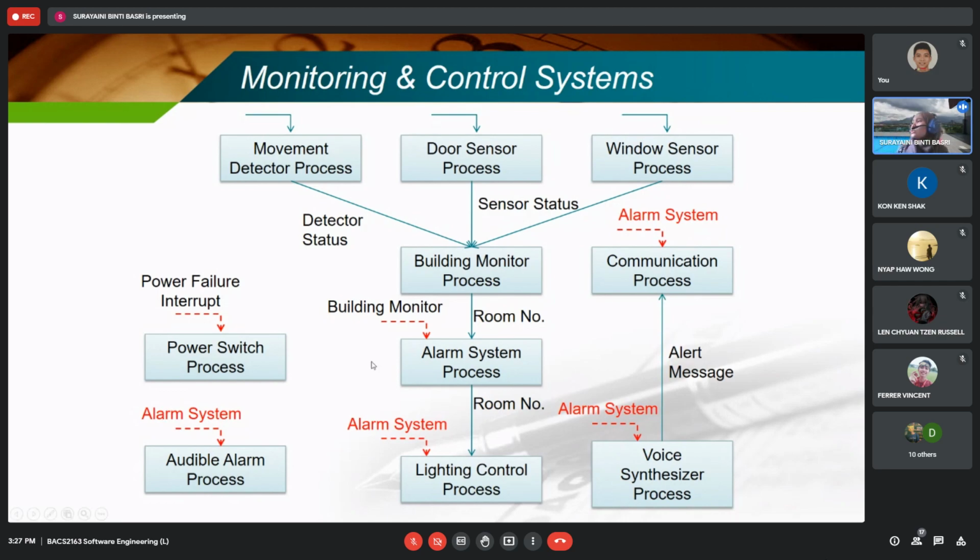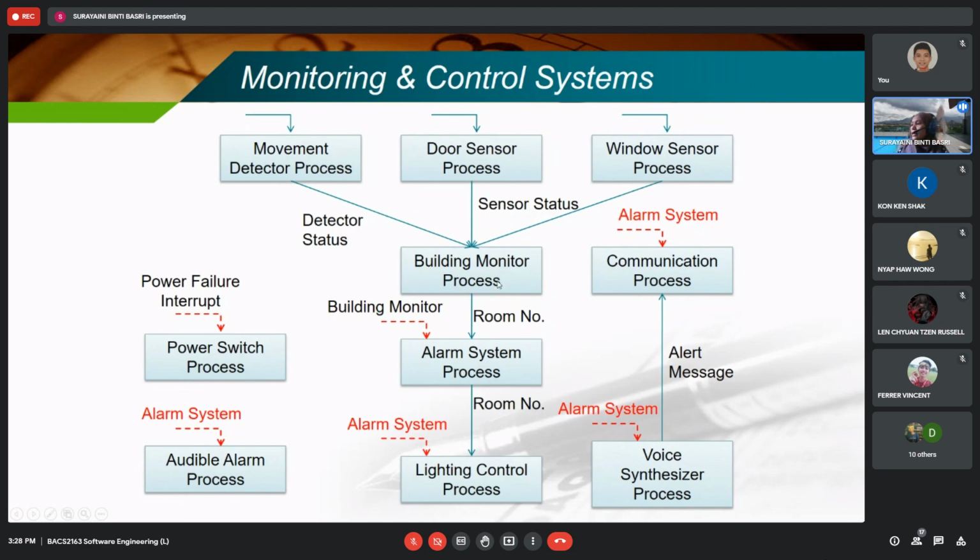The window sensor process is the same; it will detect whether the window is closed or open. All these concurrent processes will give detector status and sensor status to the building monitor process.